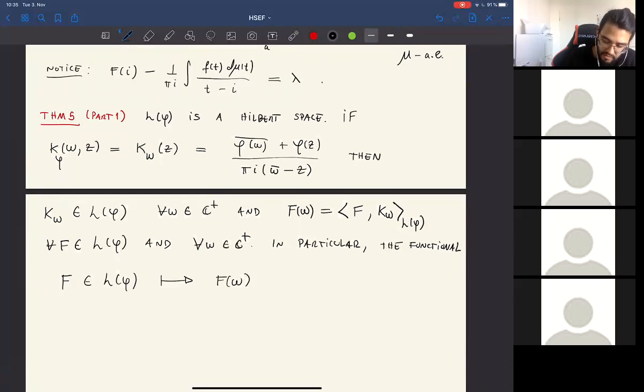So you fix w in the upper plane, you fix that number, and then you consider the functional that takes an f in the space and maps it into f(w). So this will be a map that takes a function to a complex number. The functional, usually called the evaluation functional, because you're just evaluating the function at the point, is continuous.